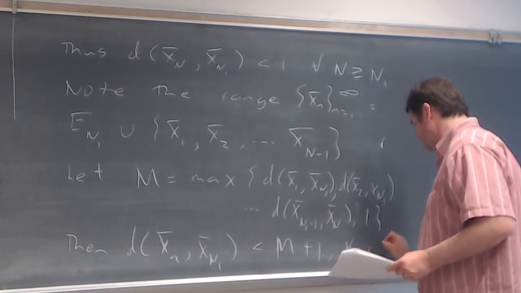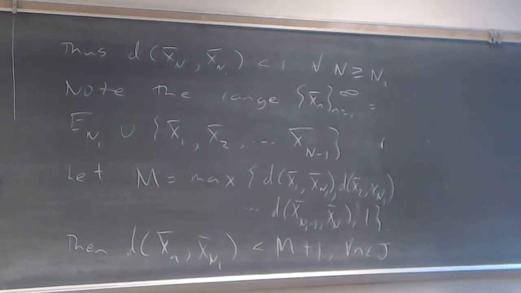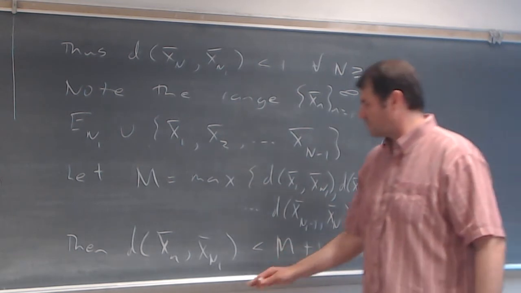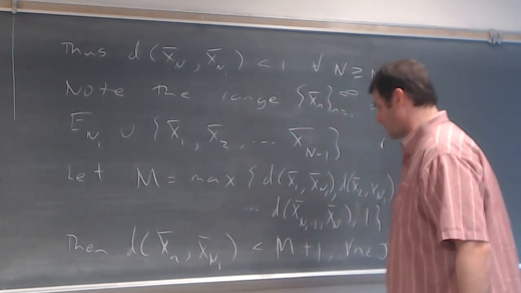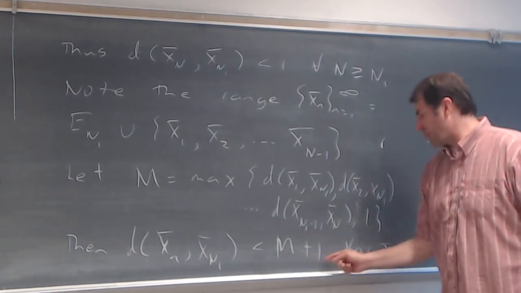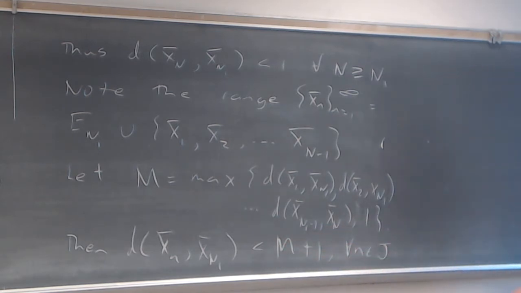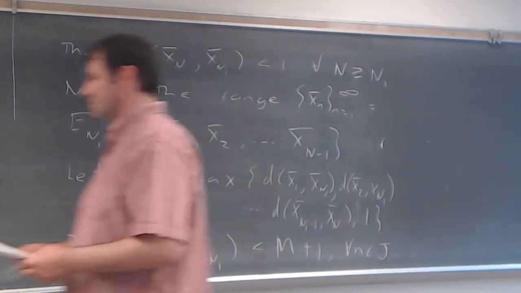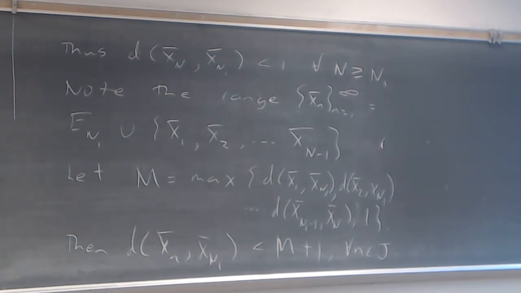So all the terms of the sequence, their distance from this particular term will be less than this particular number. That gives us that the x sub n's are bounded. And that's what I'm going to write next.